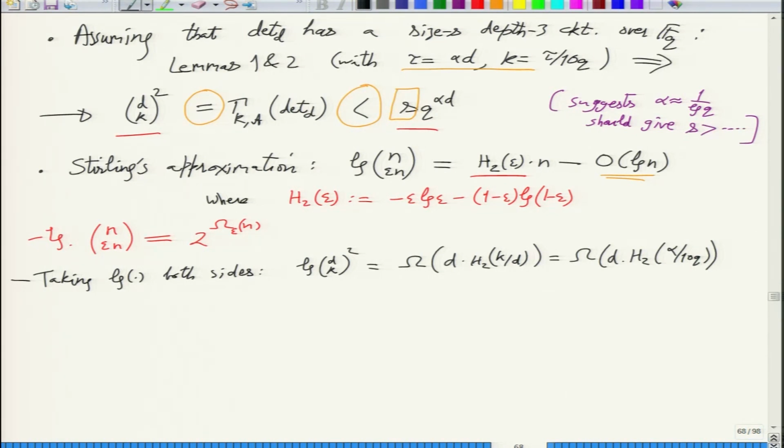So which suggests that alpha will depend on q, okay, which is why we assume q to be constant.